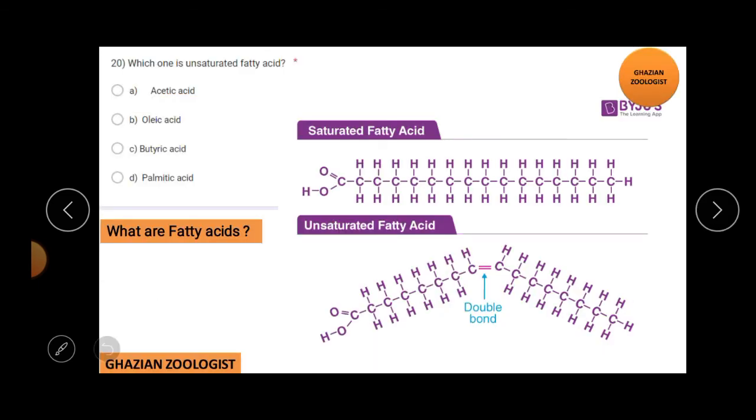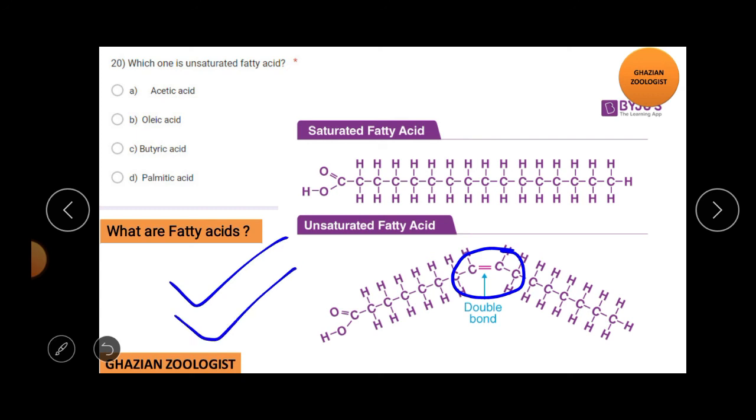which one is an unsaturated fatty acid? Actually, unsaturated fatty acids are such types of fatty acids which contain double bonds. This is your assignment: what are fatty acids.